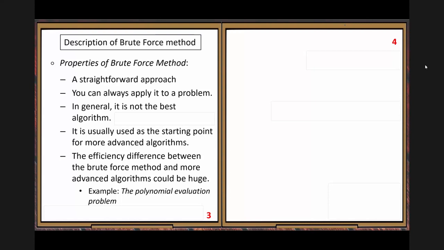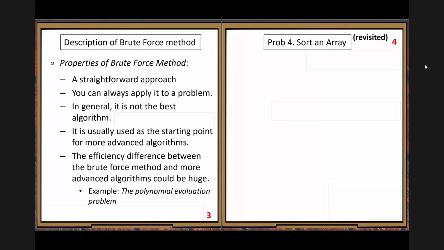That means in order to get a good one, like the Horner's rule, you need to make a lot of effort to get a good result.